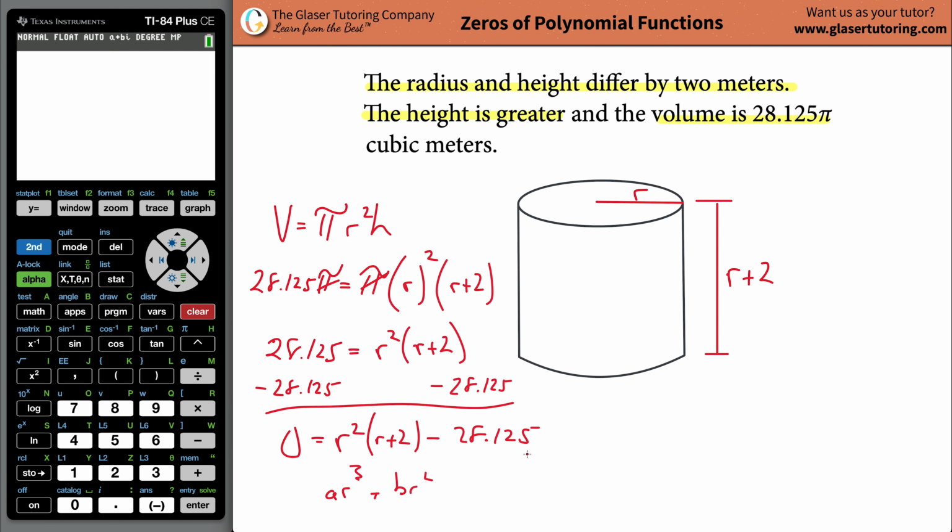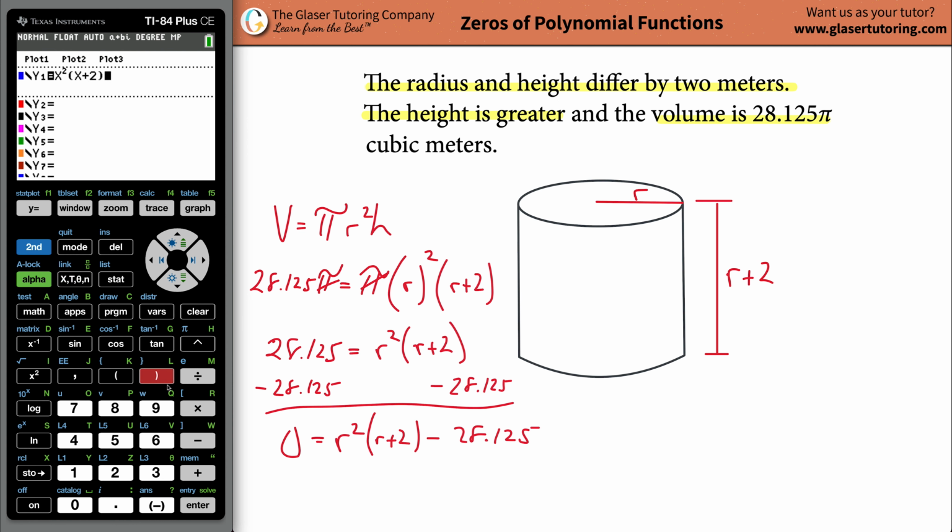But for this problem, after I get to this point, I'm going to take this equation and plug it in for the y equals. Instead of r, we're going to use x. So x squared, open parentheses, x plus 2, close the parentheses, minus 28.125, and hit enter.